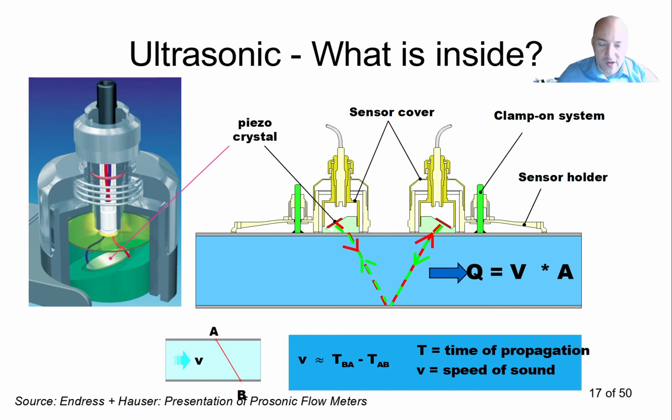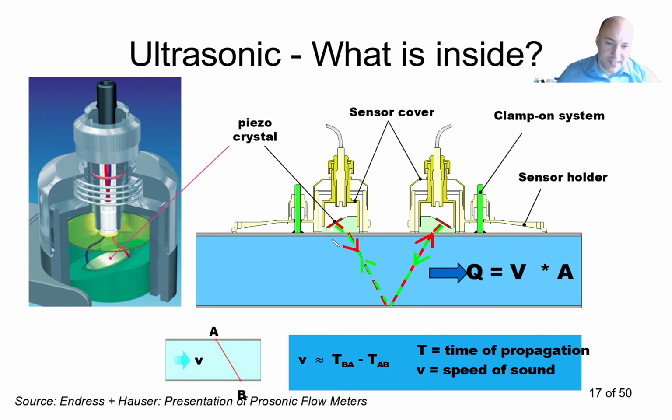Or if you reverse this, you have to apply voltage, and this will change the shape, and it's producing mechanical vibrations in the ultrasonic range. So the voltage that we apply is somewhere from tens of volts up to hundreds of volts, and this will produce us some ultrasonic signal. It's typically in the range of a few megahertz frequencies.